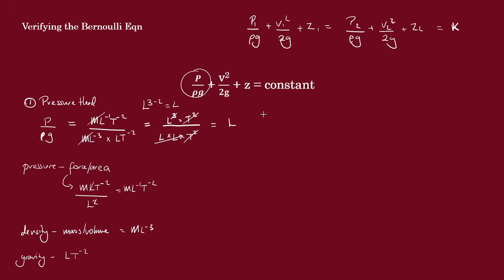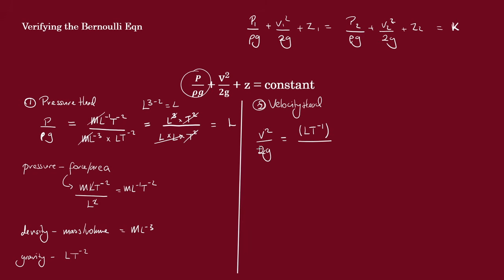The velocity head. So that's v squared over 2g. This should be much simpler, because velocity is length per time. So we're going to square L over T, divided by, because we have no dimensions for constants, g.